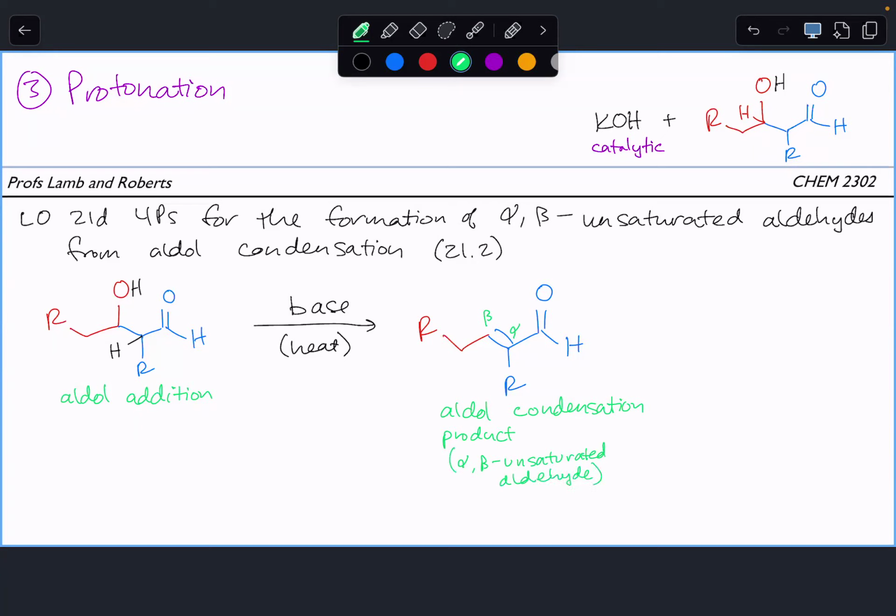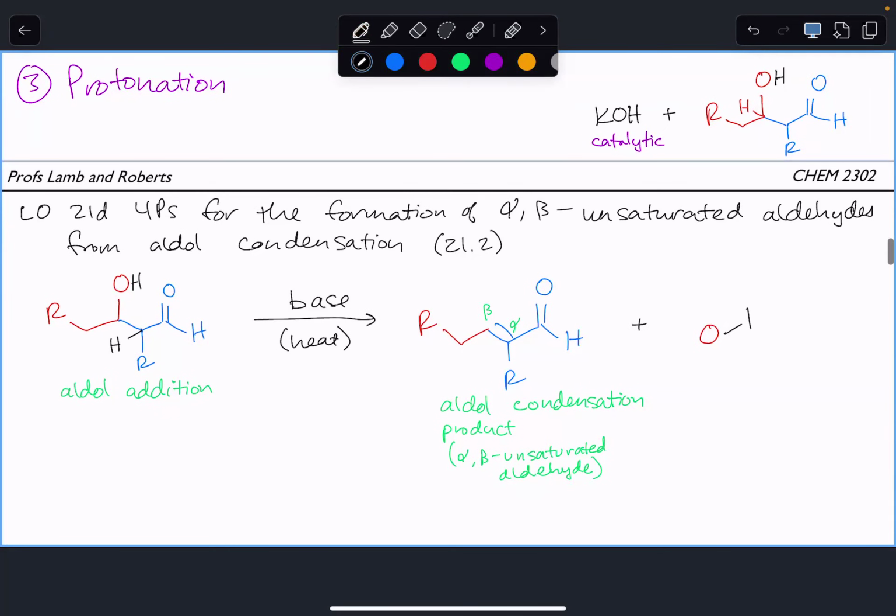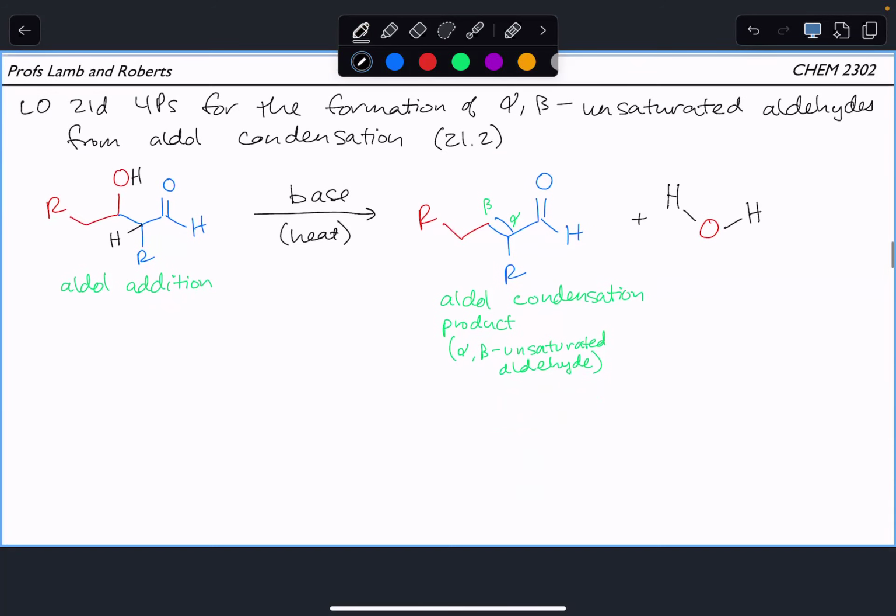So alpha beta is just telling us the position of the double bond. And then again, we lost water in this process. Okay, so that's our overall reaction for the condensation. We have to lose water.